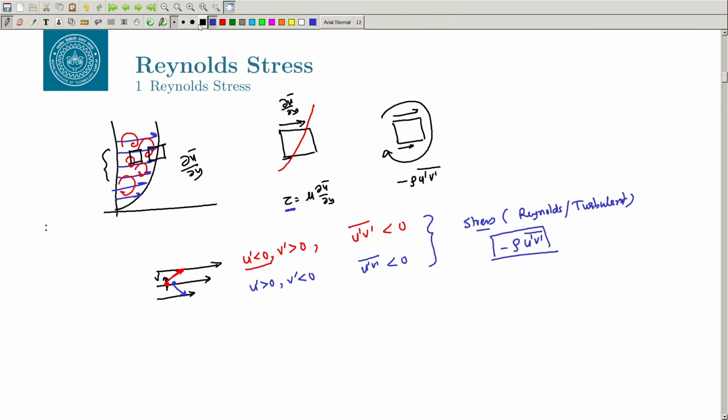Many people also like to write it as u prime v prime bar, but this will not be dimensionally consistent. So, you can call it a kinematic Reynolds stress if you want to. Or you can use this minus rho u prime v prime bar, which is the turbulent stress, right.